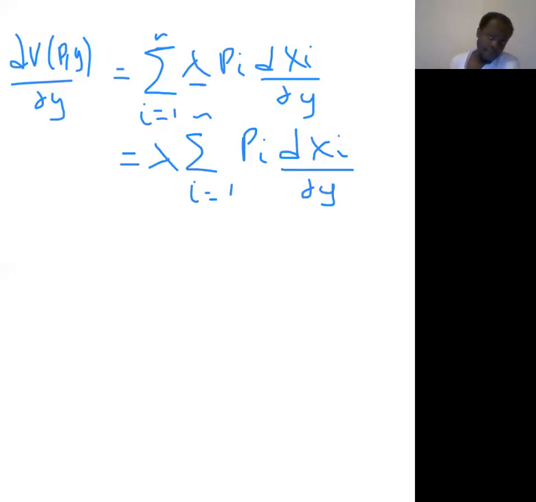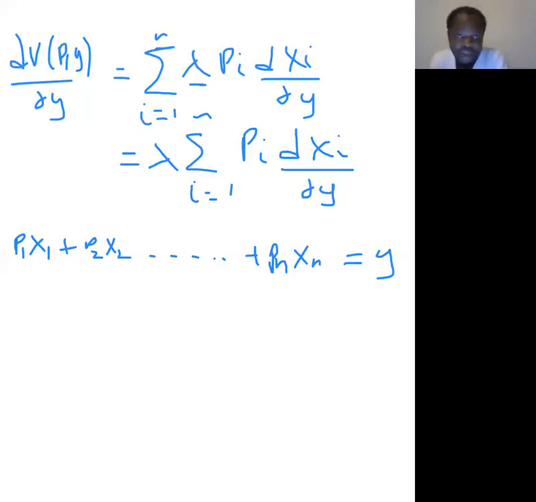You may also remember the budget constraint: when you sum up our prices multiplied by the commodities, p1x1 plus p2x2 plus up to pnxn, it should be equal to our income.